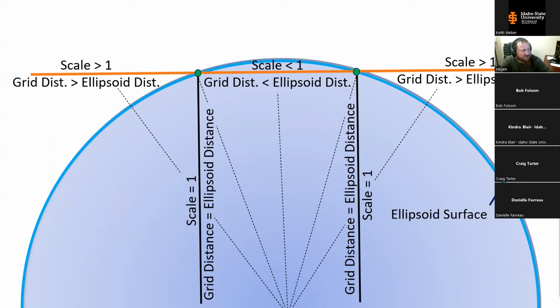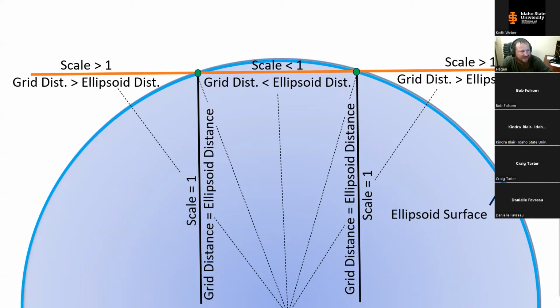And you'll notice if you look at that point between the 2 intersection points again, the scale factor is less than 1. This is where that ellipsoid distance has to be multiplied by a factor less than 1 in order to compress it to the length of the line on the plane.